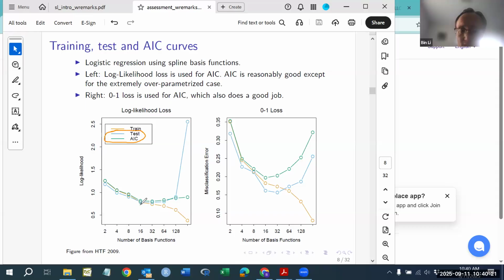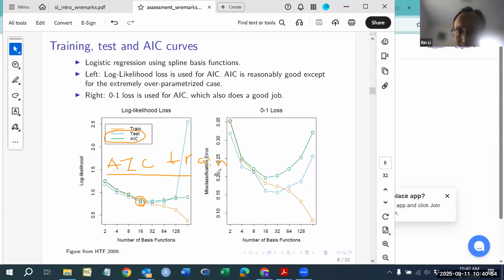So we can easily use the AIC to choose the best model. This is probably the optimal one, the one that minimized AIC, and it's also the one that minimized the test error. But remember, for the AIC, we only use the training set. We didn't touch the test set, whereas the test error is totally based on an independent test set.